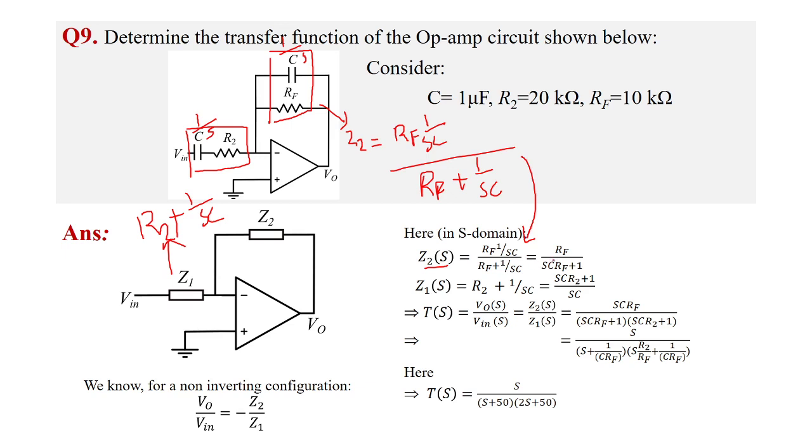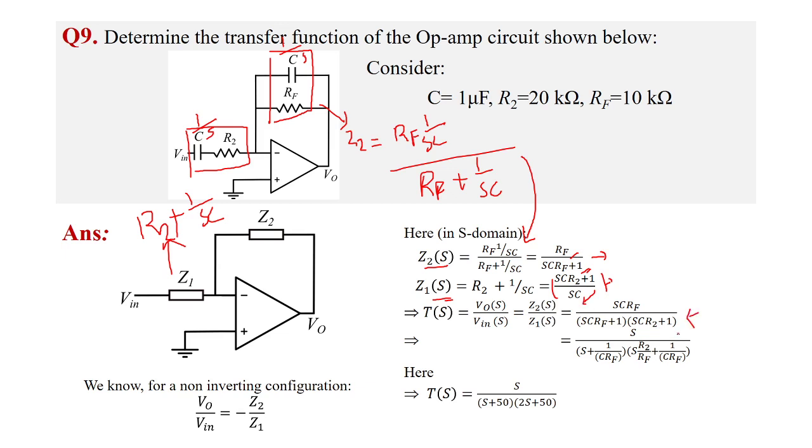On reducing it, we get RF by SC RF plus 1. Z1 of S is R2 plus 1 by SC. Again by reducing, we will get this term. And T of S equals Z2 of S by Z1 of S. We just need to substitute these two in this equation. We will get it like this.